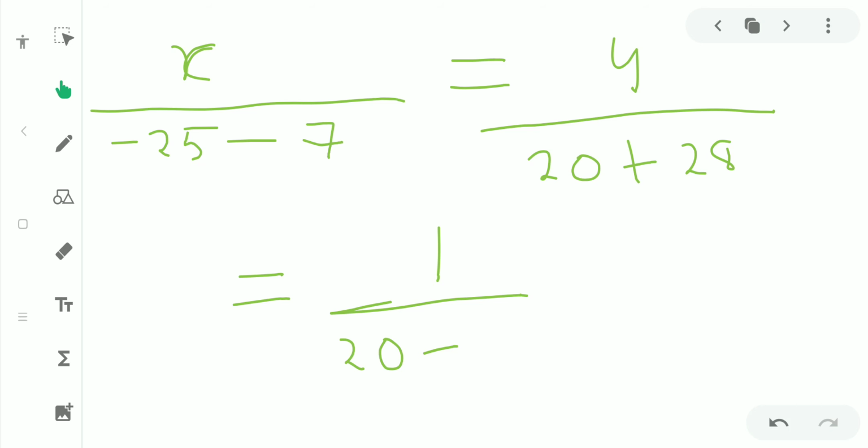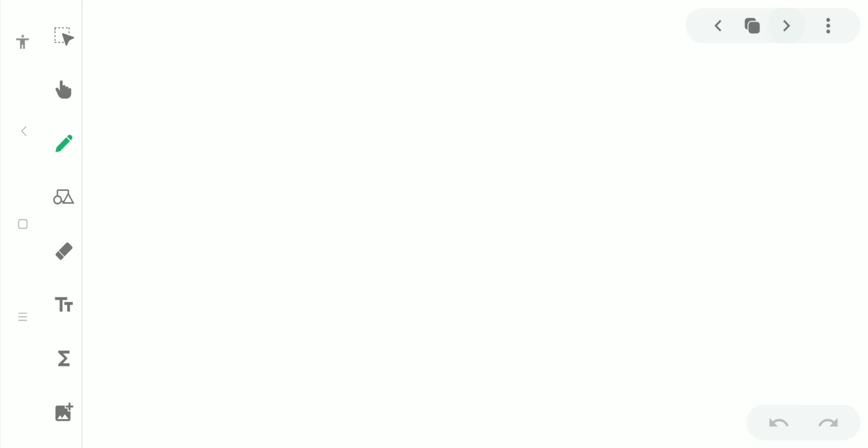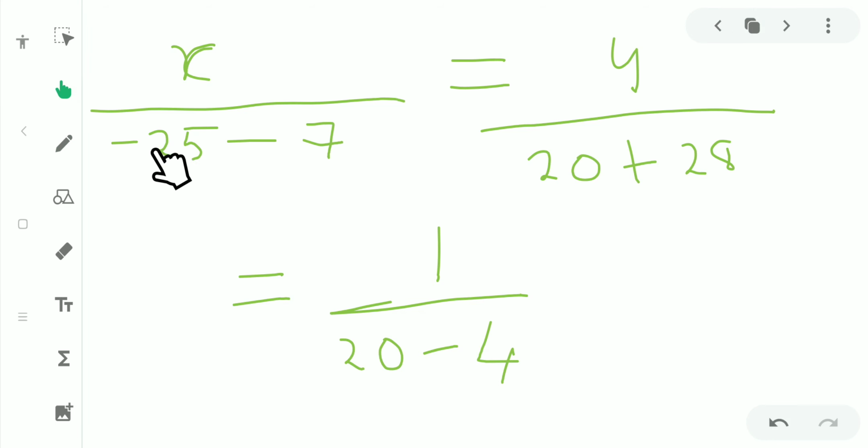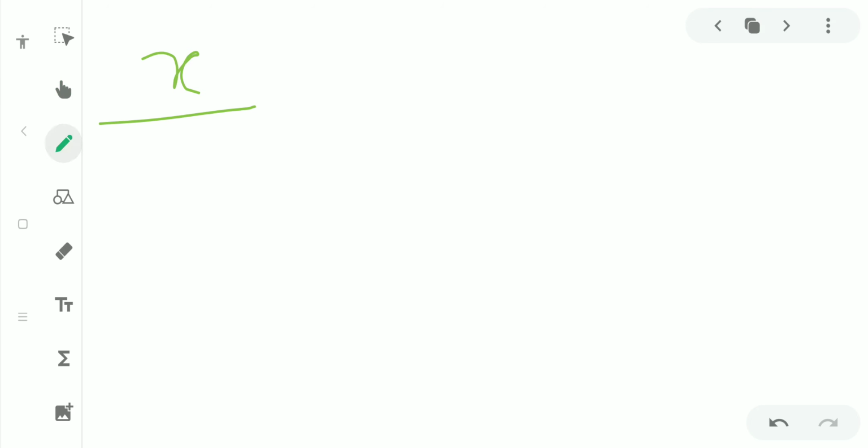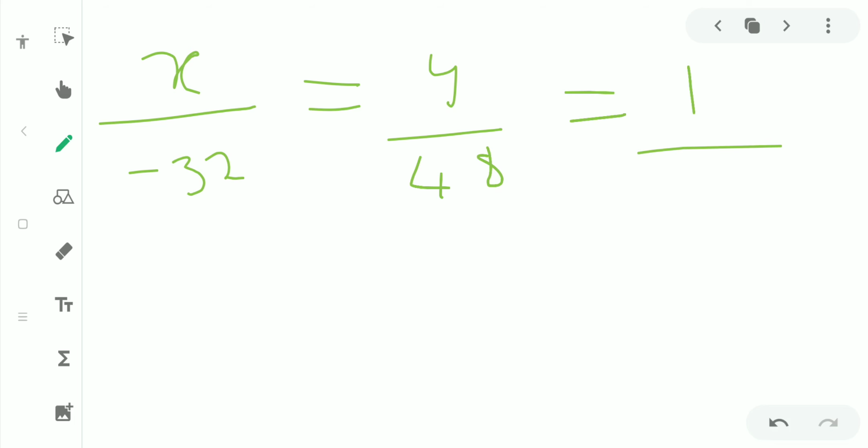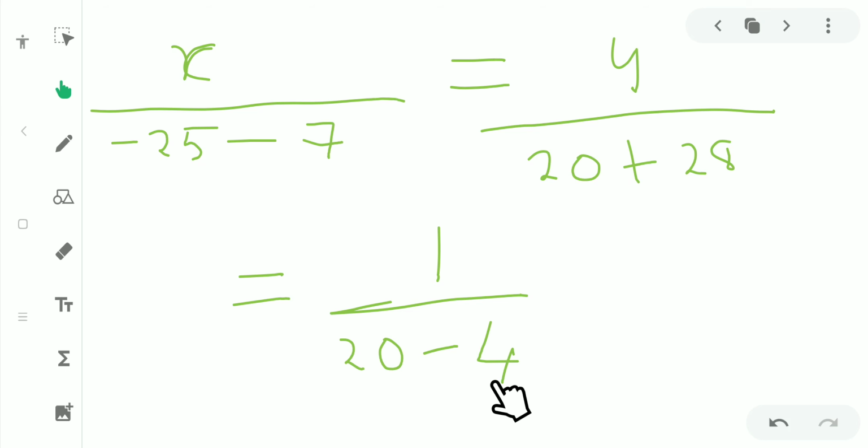So let us solve it. x by minus 25 minus 7, nothing but minus 32, which is equal to y by 20 plus 28, nothing but 48, which is equal to 1 by 20 minus 4, nothing but 16.